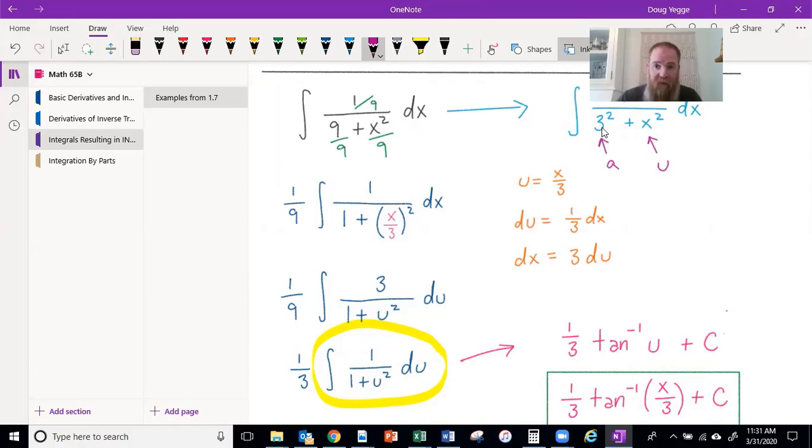So technically, you could literally bypass all of this u substitution business if you just know the formulas. That's why knowing the formulas and recognizing why those formulas are derived in that way is extremely beneficial. Same thing as yesterday. That's why we don't have to use the triangle anymore in order to differentiate inverse trig functions. It's because we already know what those formulas are because we derived them.